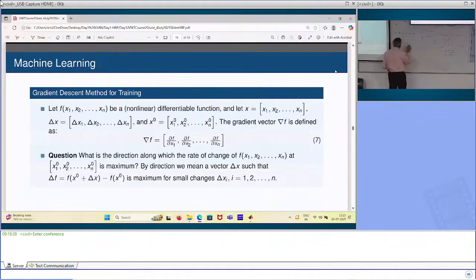I have to minimize f of x1, x2, ..., xn.